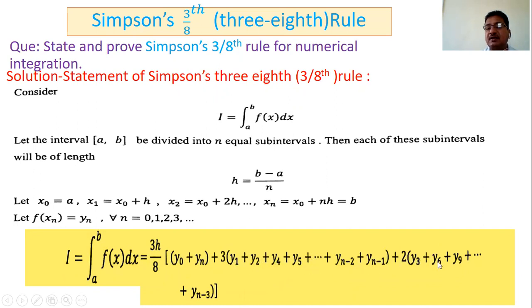So what is the 3 times? 3 times y1, y2, so eliminate the terms whose suffixes are multiples of 3. Eliminate y3, y6, y9 in this bracket. And plus 2 times y3, y6, y9, up to yn minus 3, that is, the values of y whose suffixes are multiples of 3. So this is the Simpson's 3/8 rule.